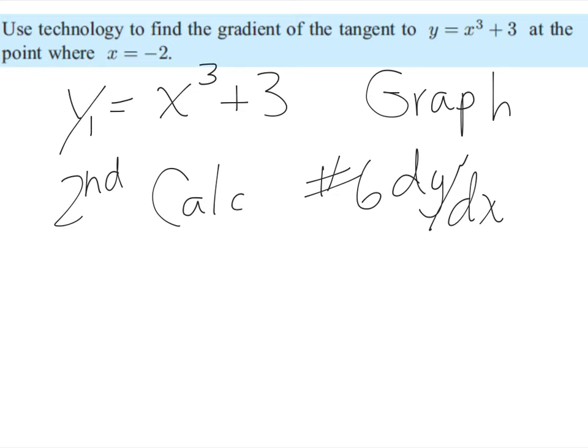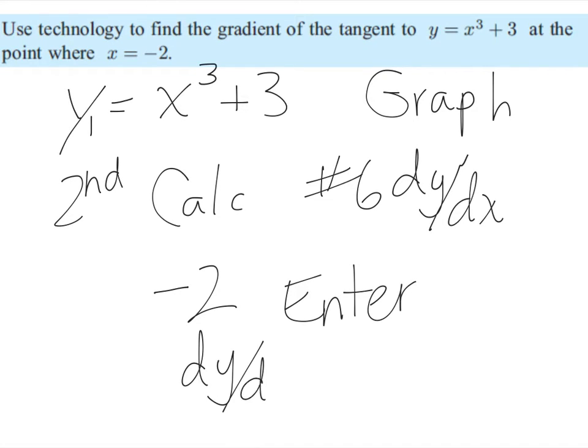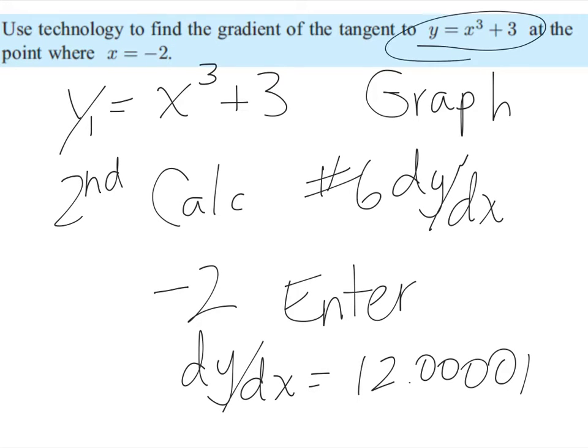It'll give you a graph, and you just type in negative 2 and push enter, and it will give you a value down at the bottom of your graph that says dy over dx equals 12.00001. So the slope of the tangent to this line at the point x equals negative 2 is 12.